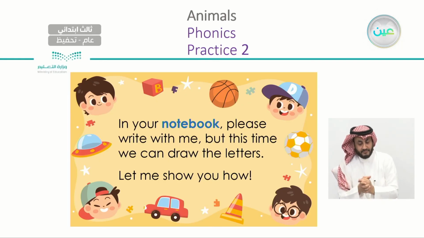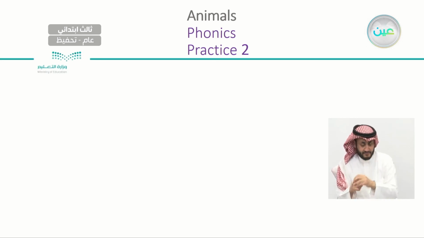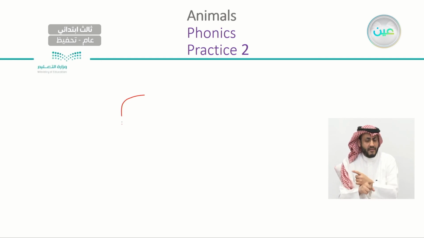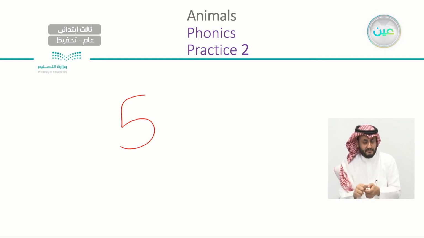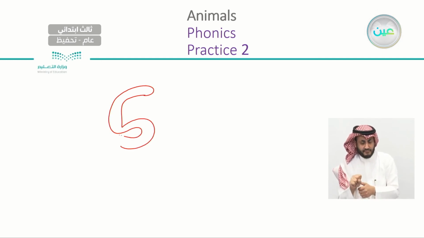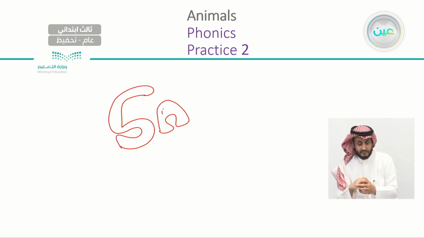Now, in your notebook, please write with me, but this time we can draw the letters. I'll show you what I mean by drawing the letters. I'll draw one letter, and then you can draw your own letter. My name starts with the letter S. This is my name. I'm drawing the letters.